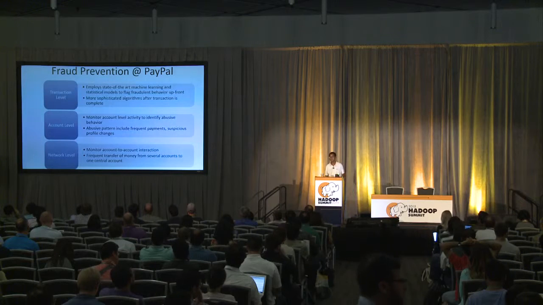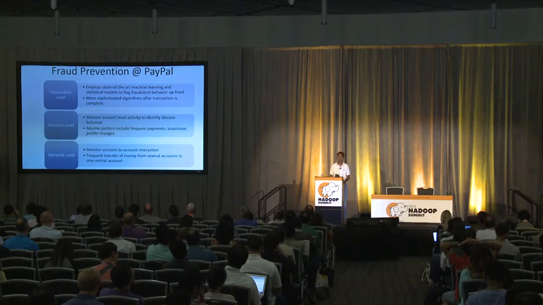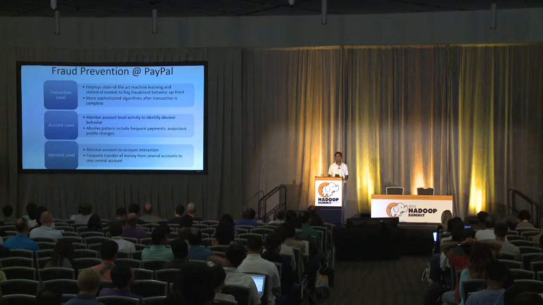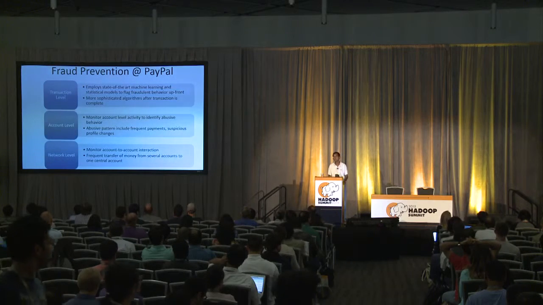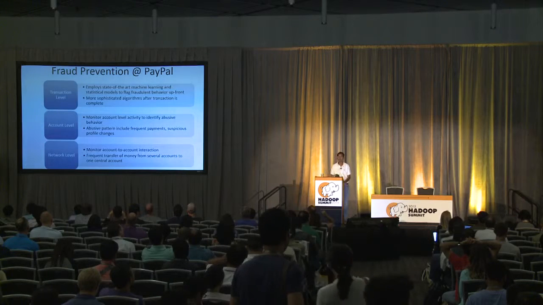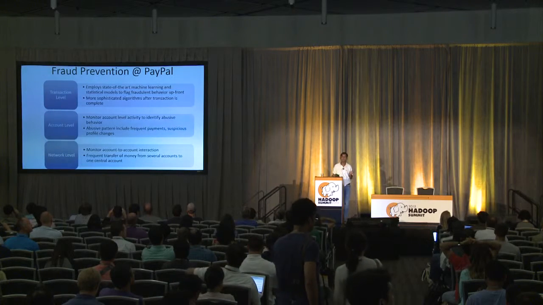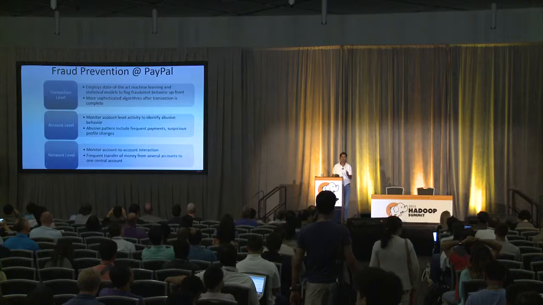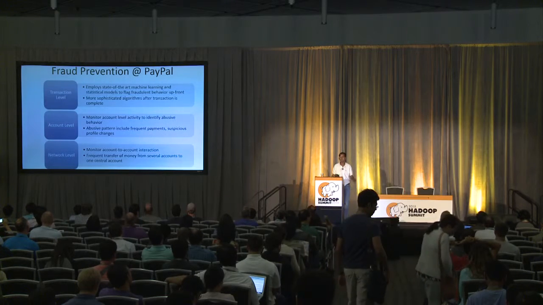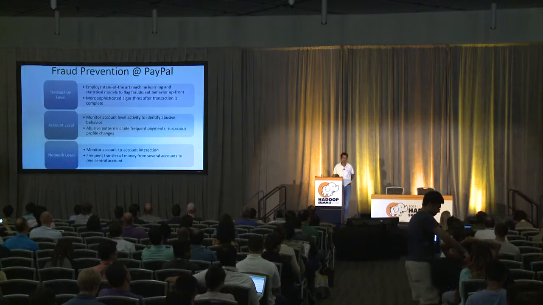As I mentioned, we have a multi-tiered software architecture. At the transaction level, when a payment goes through, we have sophisticated machine learning and statistical models to detect fraud. We also have even more sophisticated algorithms we apply after the transaction is complete, so we'll be able to even reverse fraudulent transactions.